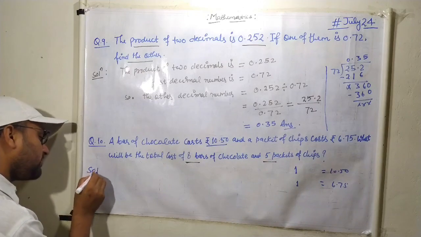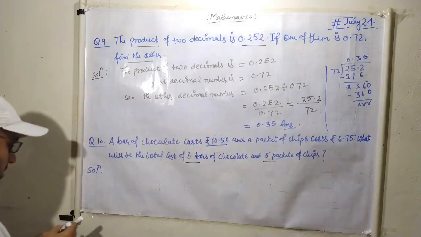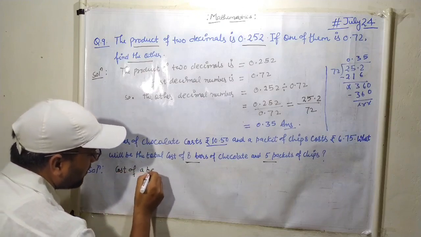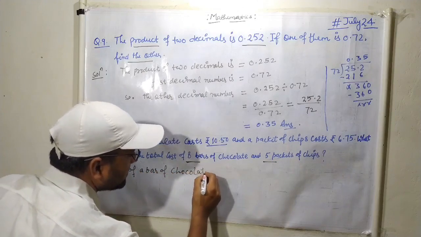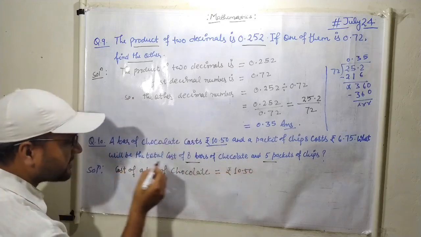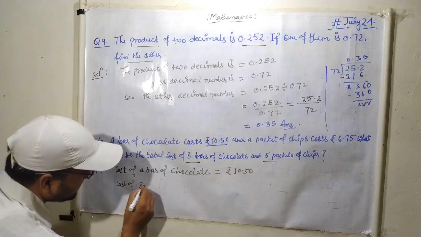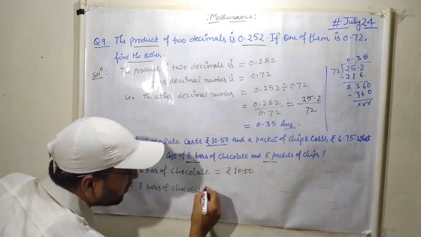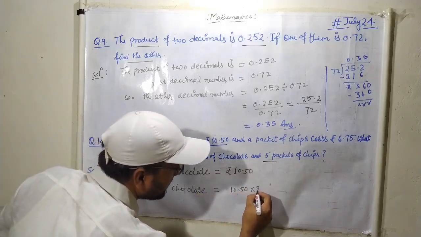So the solution of your question: the cost of a bar of chocolate is equal to rupees 10.50. How many are asked? 8 bars. So the cost of 8 bars of chocolate is equal to 10.50 multiplied by 8.